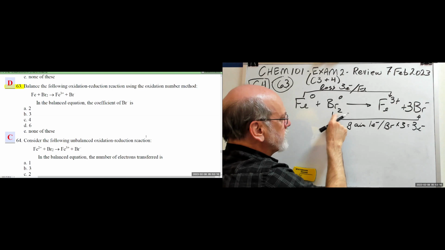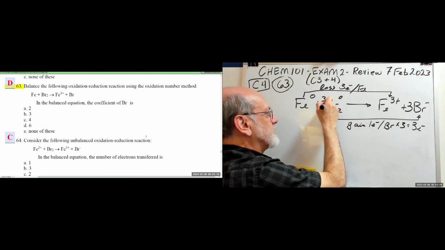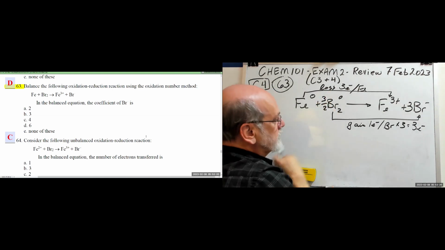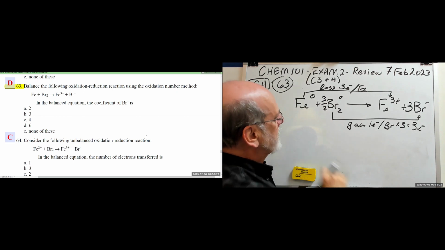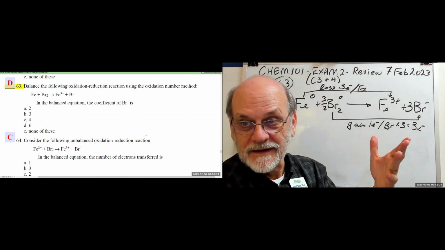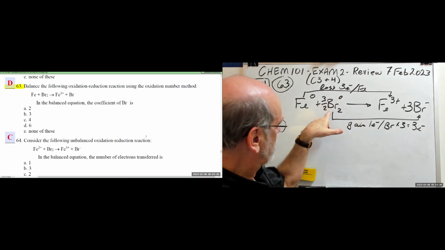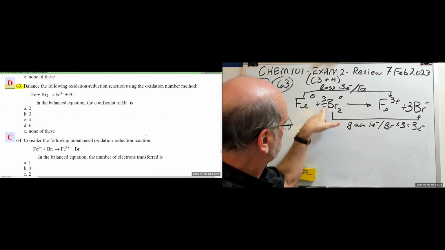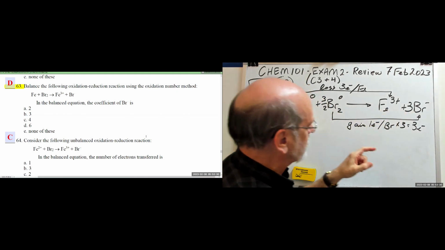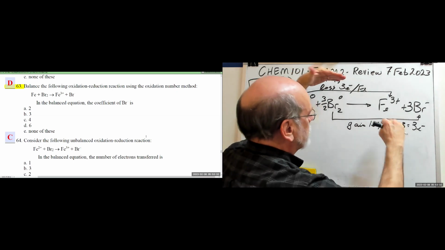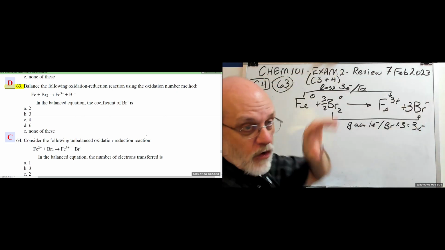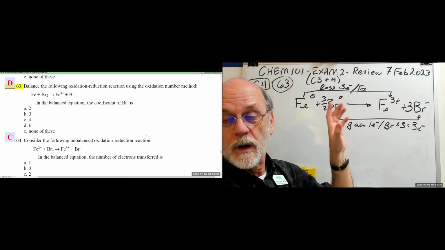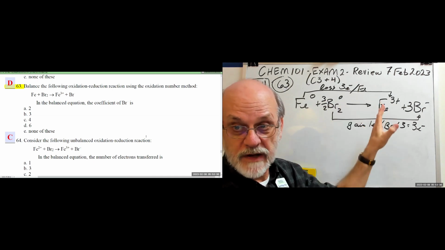So how do you get 3 out of this one? Well, we can use the fractional, right? We can do that. And then, now that we've got 1 iron, 1 iron, we got 3 bromines, and we have the same number of electrons transferred in this ratio of elements, reactants and products.